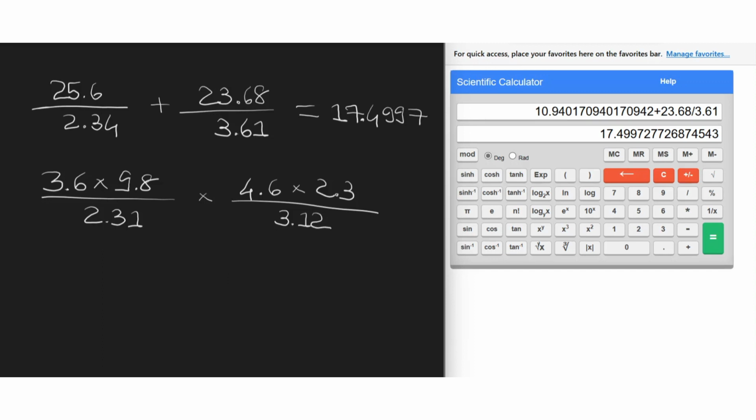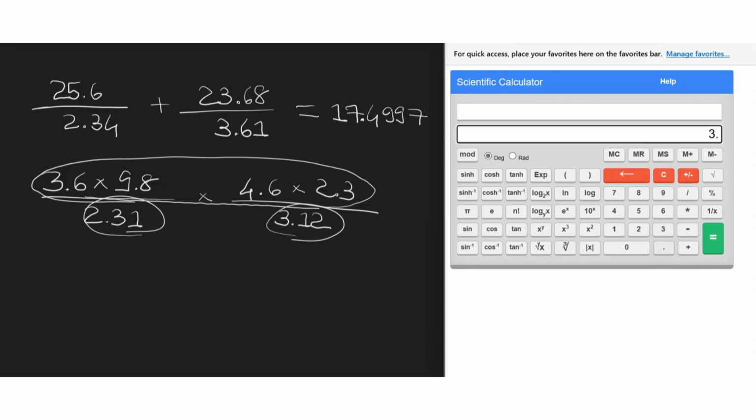So now as you can see this, in the numerator we have multiplication, so we can multiply all these values together and then we'll divide it by these two numbers. I'll just clear this, and 3.6 multiply sign 9.8 multiply 4.6 multiply sign 2.3 equal to, then divide it, division sign 2.31 equal to, again division sign 3.12 and equal to. So on solving this we are getting 51.7902.